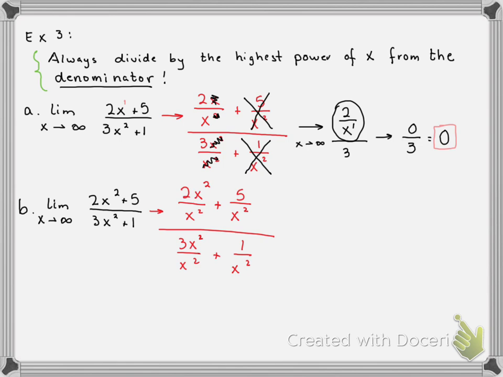Again, from our c over x to the r rule, that is 0, and that is 0. Now we can do some simplifying. The x squareds cancel out there, leaving just a 2, and the x squareds cancel out here, leaving just a 3. The powers are the same.